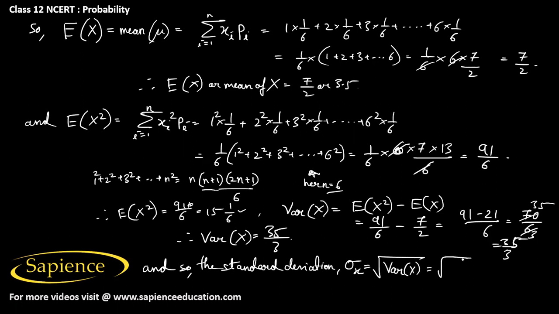So that would be the square root of 35 by 12, which is approximately 1.7. So the standard deviation value is the square root of 35 by 12, the variance is 35 by 12, and the mean value is 7 by 2. So this is your final answer. Thank you.